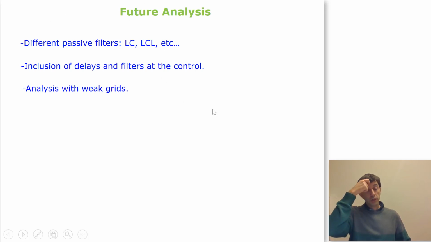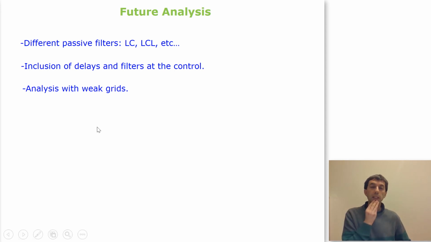We could also do the analysis in weak grids, in which we have an equivalent impedance that could be considerably high compared with the impedance of the filter that we are using, and we can also do this analysis by applying these mathematical equations.